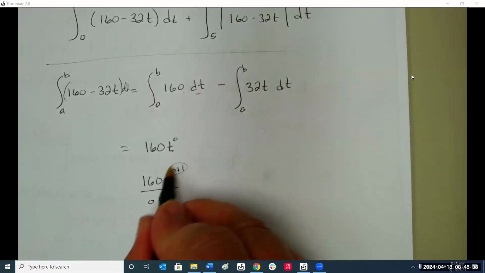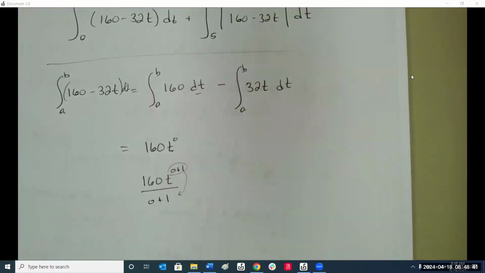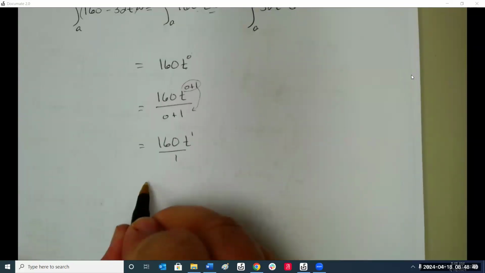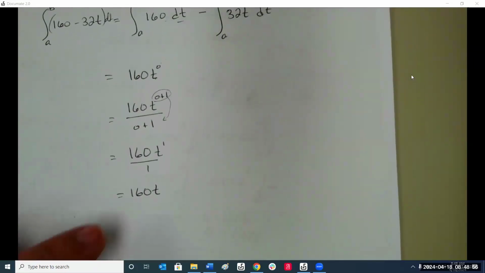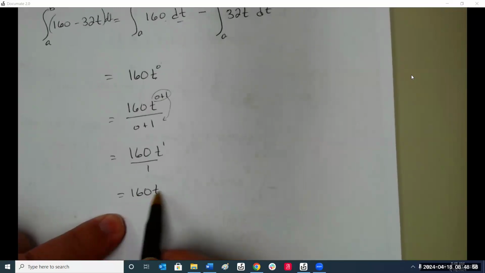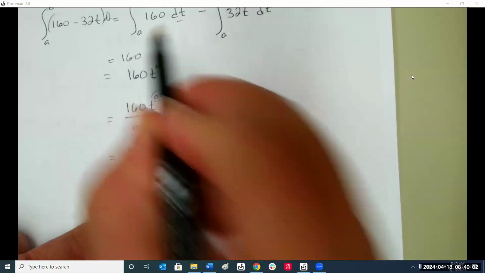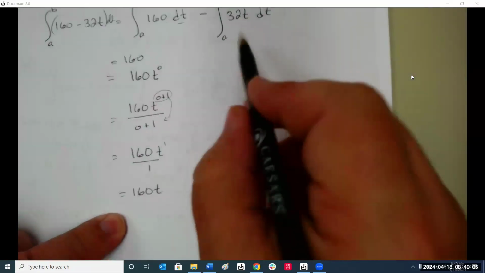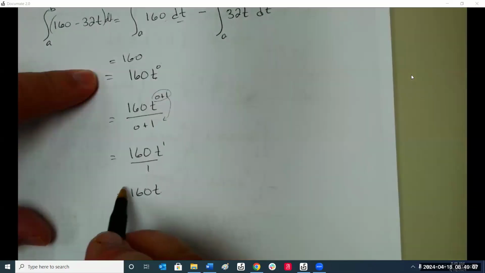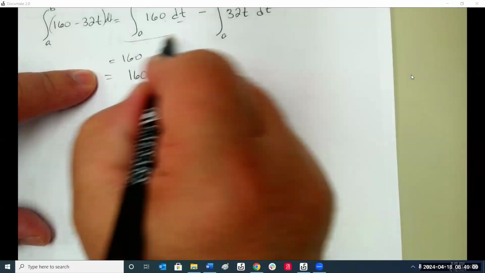Whatever it is up here, you divide by. So this is 160 t to the first over 1, which is simply 160t. To test this, take the derivative of this. Do you end up with 160? Yeah. So this is what that side equals.